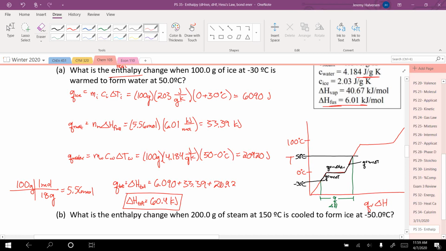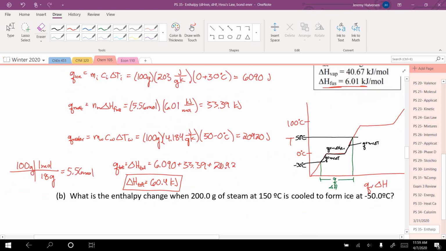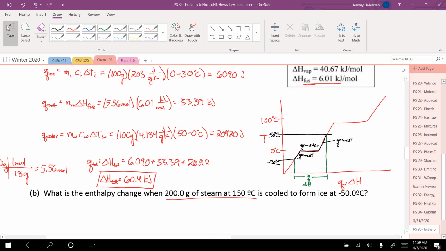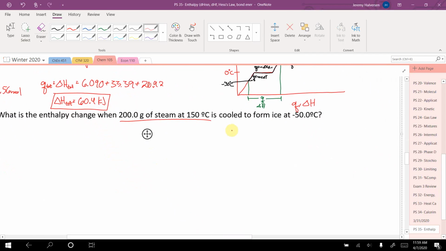Again, it wants the total enthalpy change. We just found the heat change, which is the same as the enthalpy change, total enthalpy change. All right, now we want to find the enthalpy change when 200 grams of steam at 150 degrees C is converted to ice at negative 50. So let's draw our heat curve just to get an idea of what we're doing.